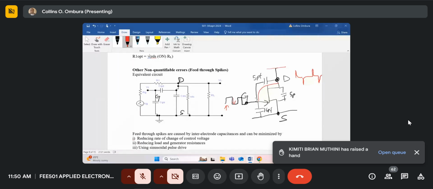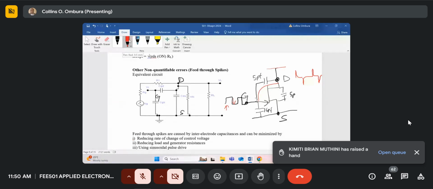If you add the average area of the positive and the negative, it will give us an offset voltage. And that offset voltage will add to the signal which is being chopped and thereby give us an error, because that signal will be there whether the input is zero or short circuit. So these are called switching spikes.